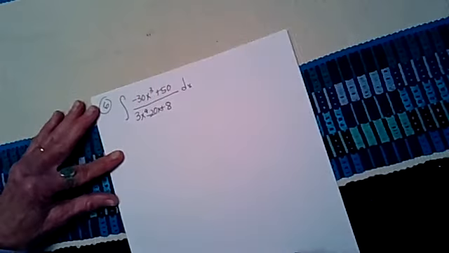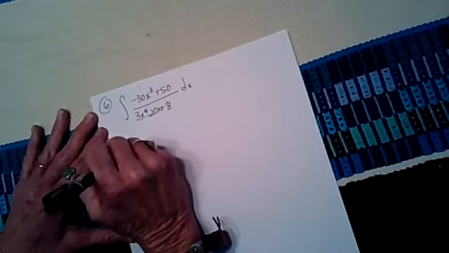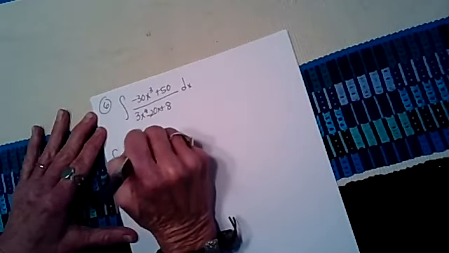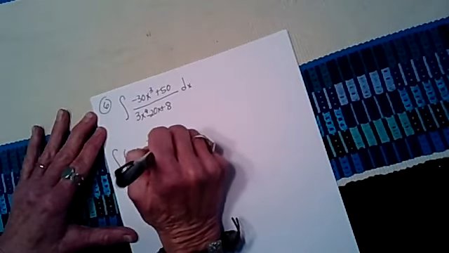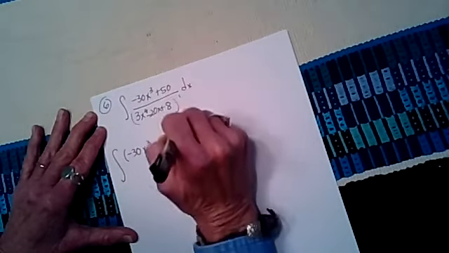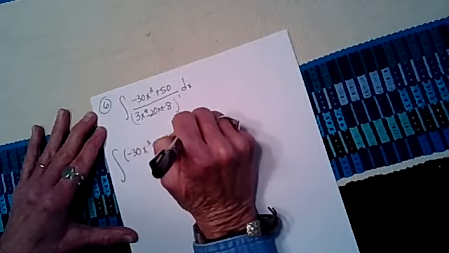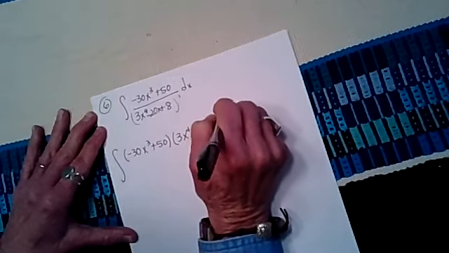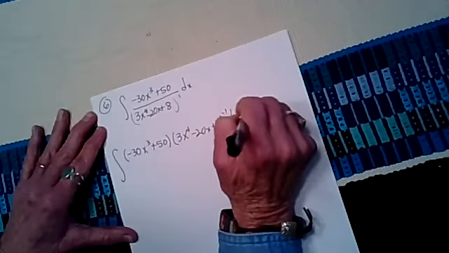I know I have to move my denominator up, so I'm going to rewrite this. Negative 30x cubed plus 50 is already up, and I bring this up. Remember, it's to the first power, and I'm going to make it to the negative 1 power, dx.